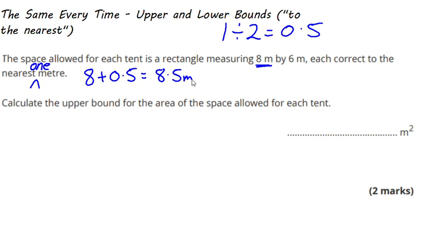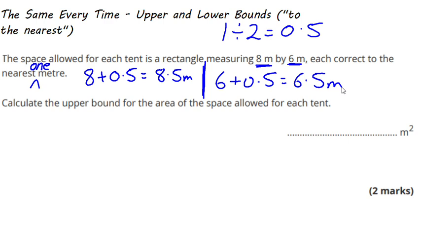So the upper bound for the length is 8.5 meters. And for the other measurement, the 6 meter side, the upper bound is 6 plus the 0.5 that we just calculated, so that's 6.5 meters.